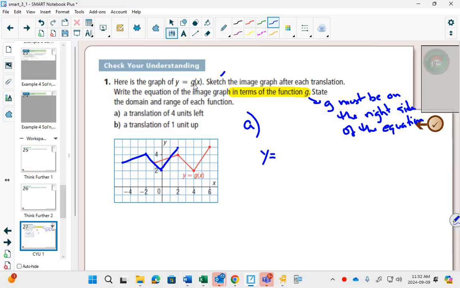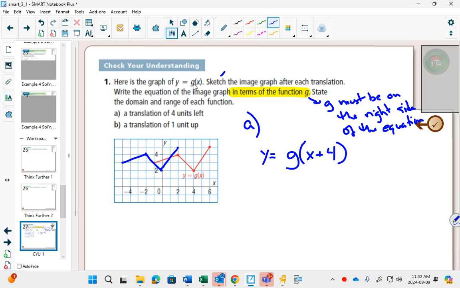X's are always something inside. So in function notation, I would write this like this. Here's my g on the right-hand side. We have moved 4 to the left. So to show that, would I have a +4 or a -4 inside the bracket? A +4. And it would be inside because it moves it left to right.